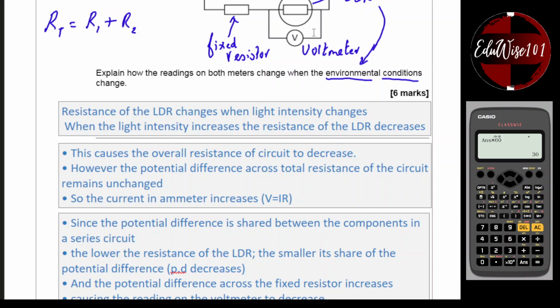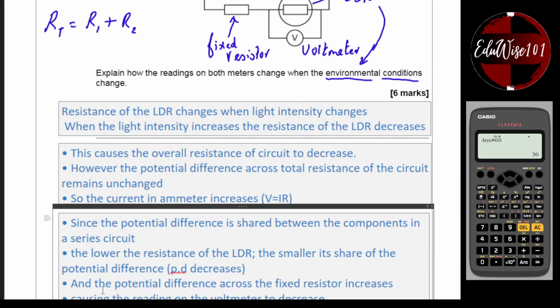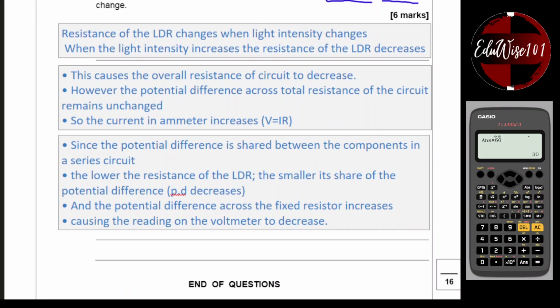That means it's going to use up less energy. The fixed resistor's proportion of energy being used, which is the potential difference, is going to increase. So the voltmeter reading goes down, right? The potential difference across the fixed resistor increases, causing the reading on the voltmeter to decrease.